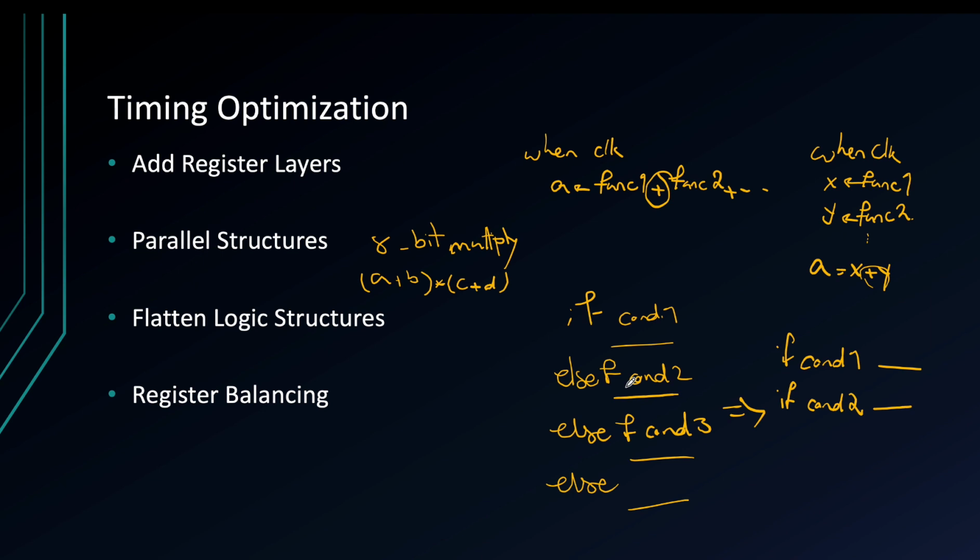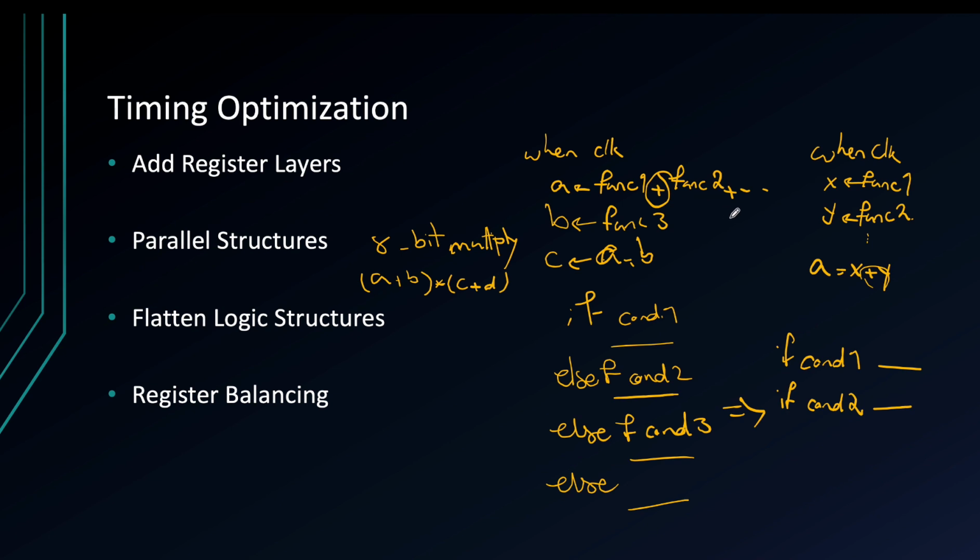So adding register layers and register balancing could be seen as somehow similar. For example, adding the functions, and then let's say here you have b equals func 3, and then c is a plus b. So you'll see that this is super long, right?